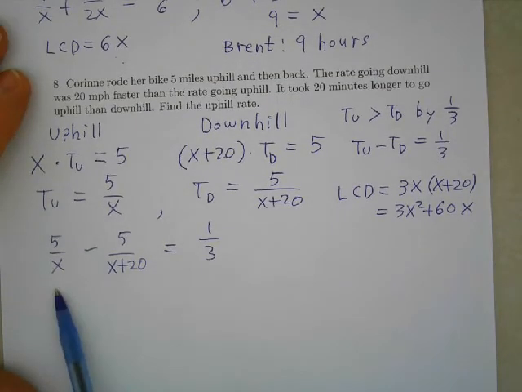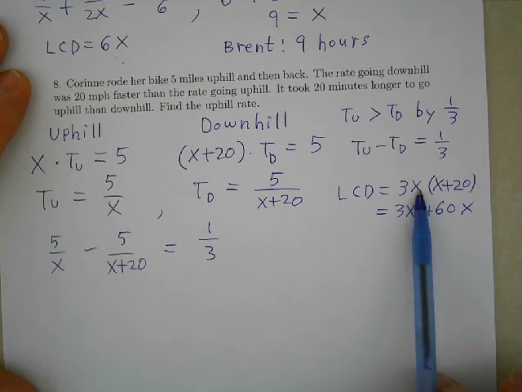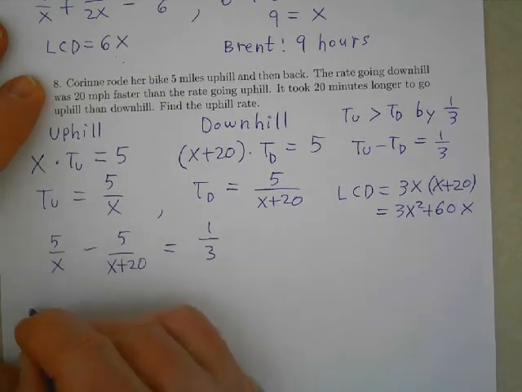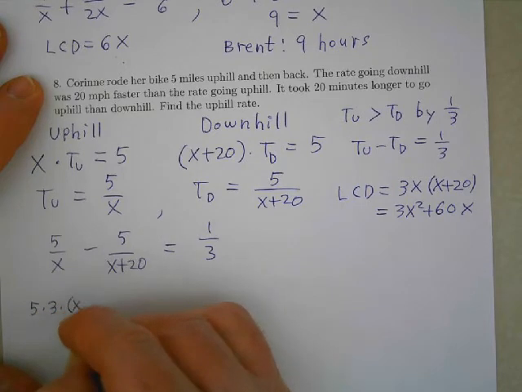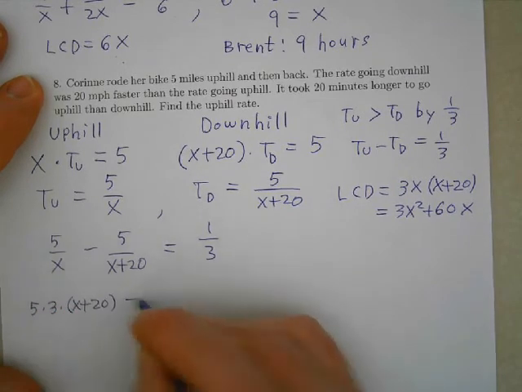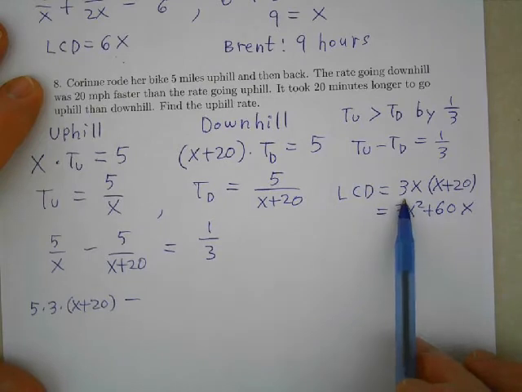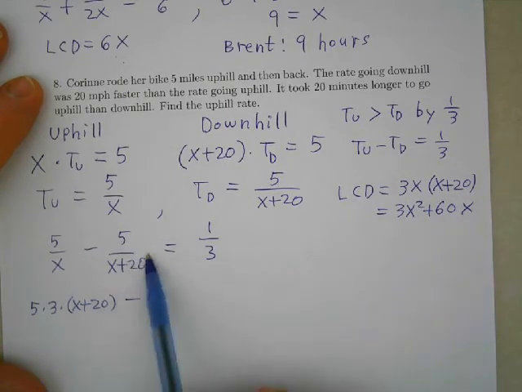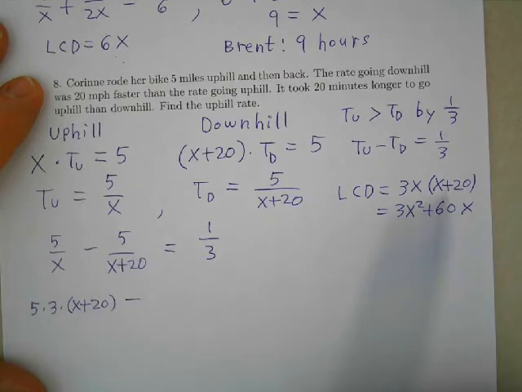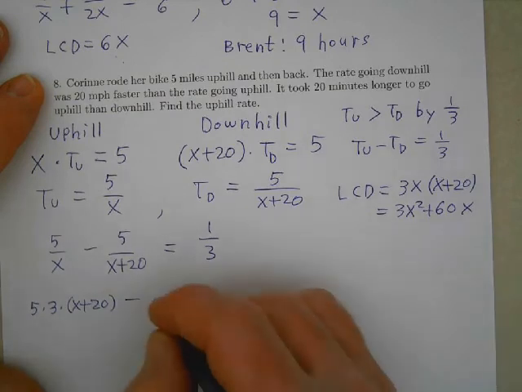When we multiply it by 5 over x, the x's cancel, so we'll just be left with 5 times 3 times x plus 20. And then multiply 3x times x plus 20 by minus 5 over x plus 20. This time the x plus 20 factors cancel, and we're left with minus 5 times 3x. I'll just go ahead and write it as minus 15x.